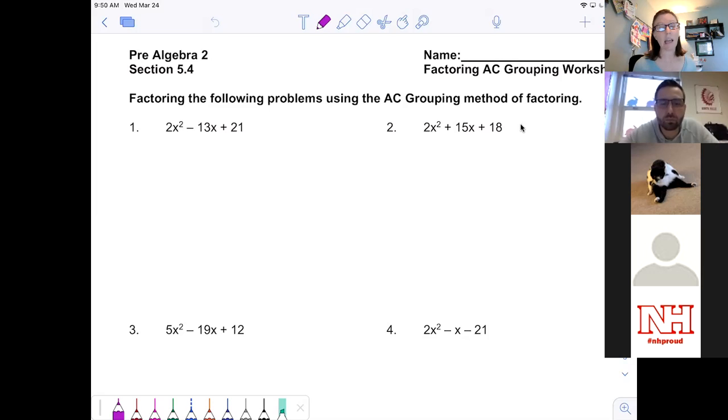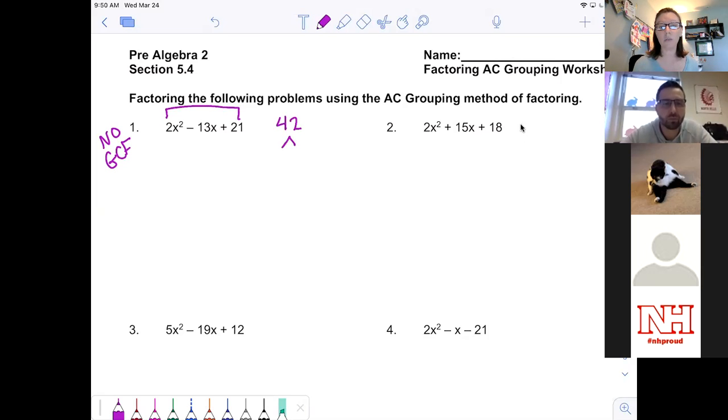Just one. Yeah, just one. So if you say only the number 1, then really there is not a GCF. So if there's no GCF, then the first step is to take A times C, which would be 42. And then you're going to work through that problem.